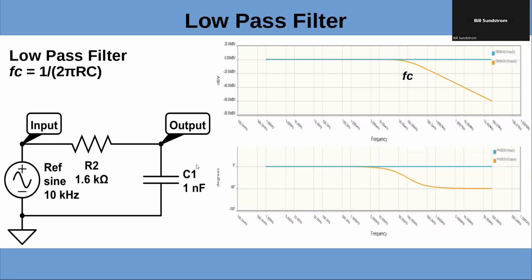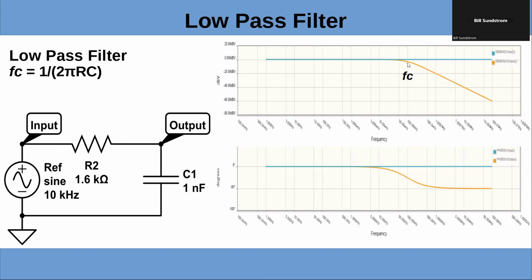Here's probably the simplest low pass filter, which is just a resistor and a capacitor. We're feeding it with 10 kilohertz and you can see that at the cutoff frequency, which I didn't write down what it was, it looks like it starts about 30 megahertz.